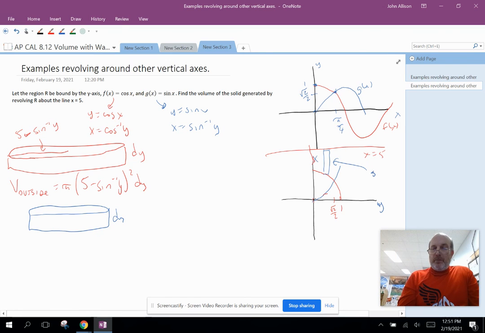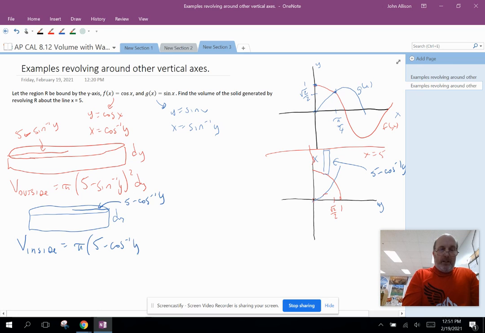So the height of this is going to be 5 minus cosine inverse y. And the volume of that inside disk is going to be pi times 5 minus cosine inverse y squared dy.